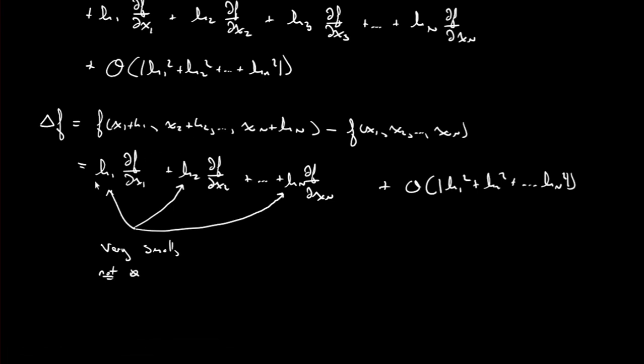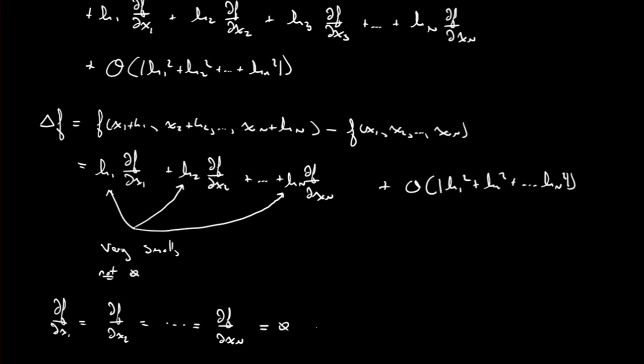Therefore, because these aren't zero, and because we treat this term as negligible, the only way for delta f to vanish is if df dx1 is equal to df dx2 is equal to dot dot dot, and all the ones in between, is equal to df dxn, all vanishing.